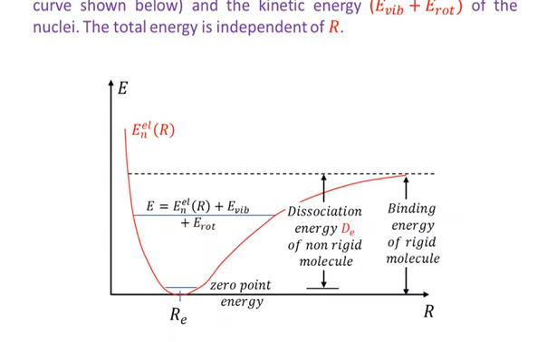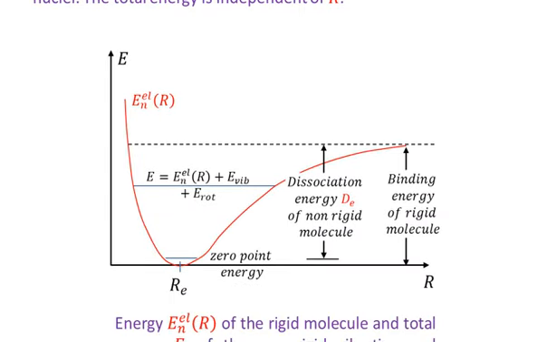Now let me show you the plot of En superscript El as a function of R. This is the potential energy curve corresponding to the nth electronic state. You see that the potential energy curve has a dip, and the minimum is at RE, where RE is the equilibrium separation between the two nuclei.